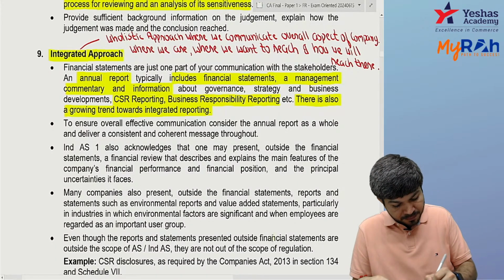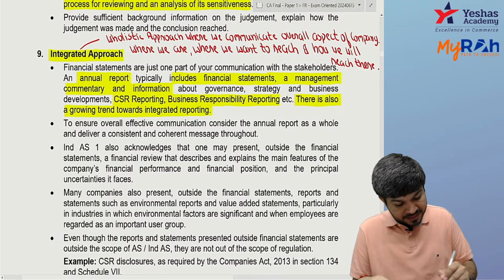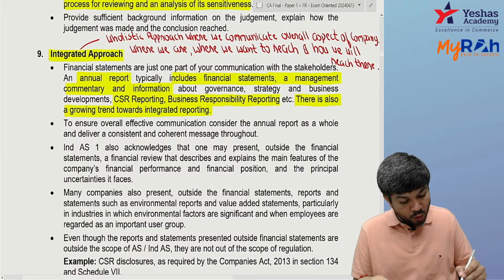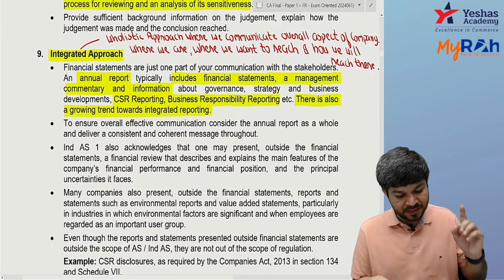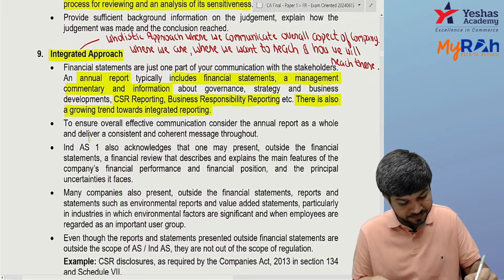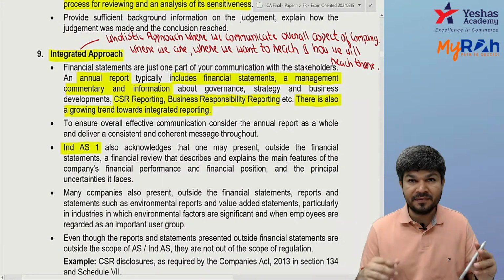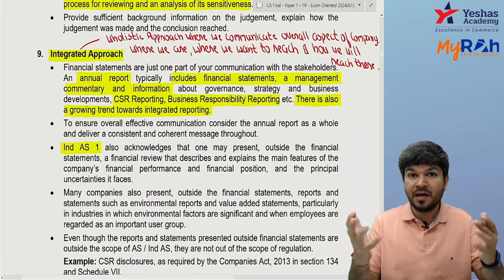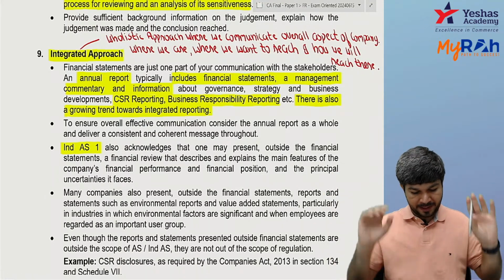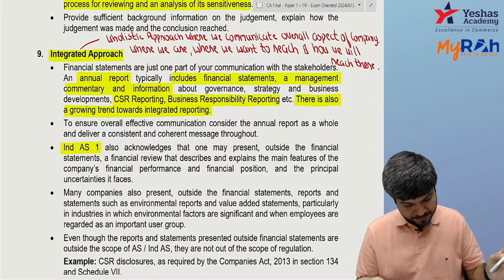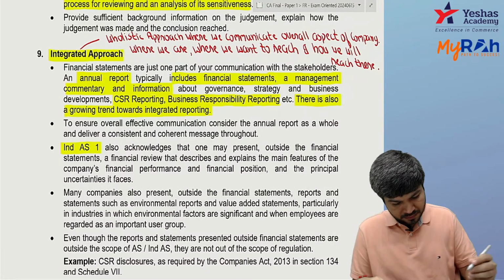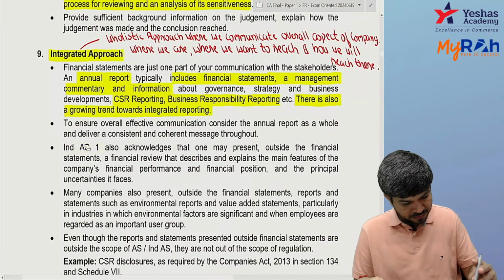Now, even though these reports are presented, they are outside the scope of AS or Ind AS. See, Ind AS 1 has clearly said that if at all you give anything extra, Ind AS doesn't apply to them. So check over here.